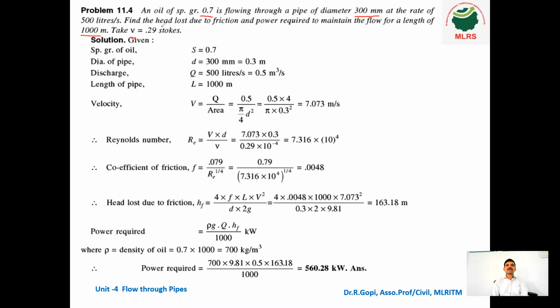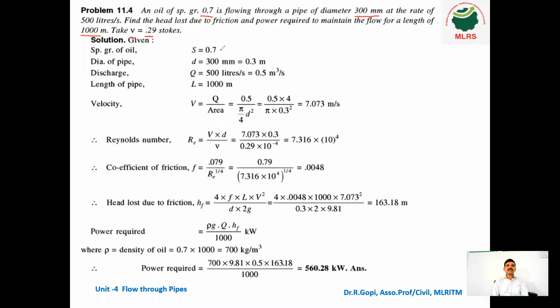We have to calculate the head loss due to friction and the power required to maintain the flow for a pipe length of 1000 meter. Take kinematic viscosity, the mu symbol is for kinematic viscosity, 0.29 stokes.